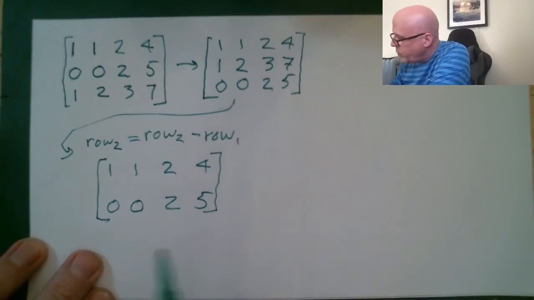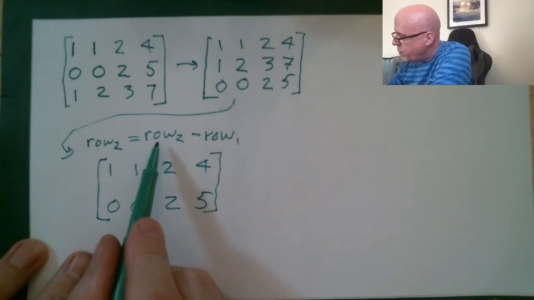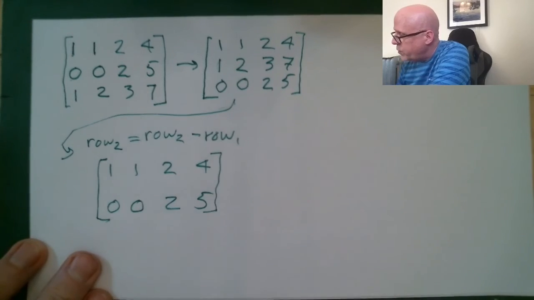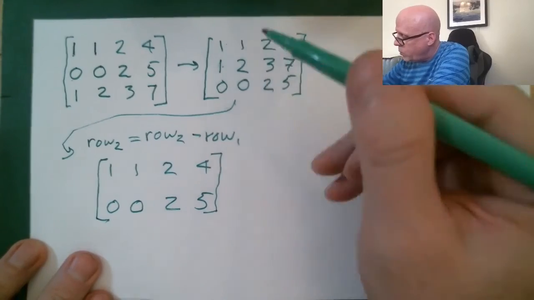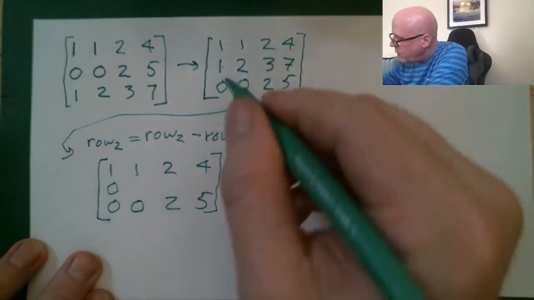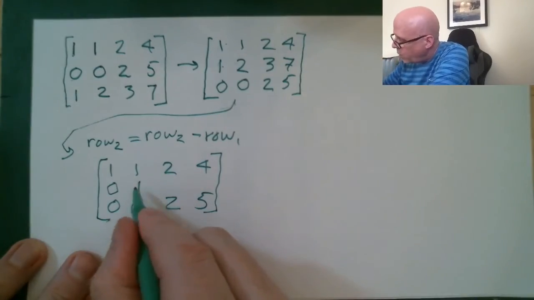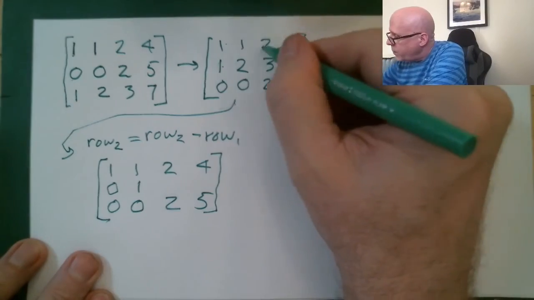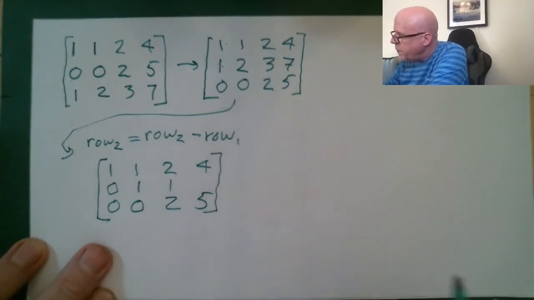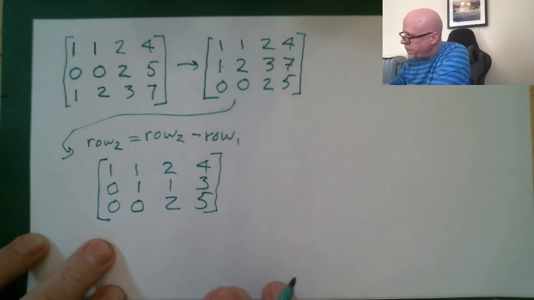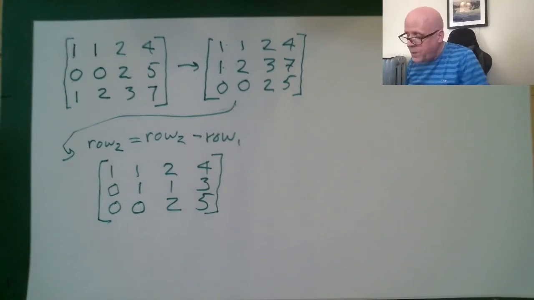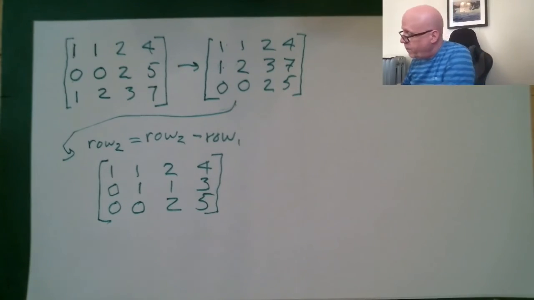The one thing we're doing is changing row 2 so that it's equal to itself minus the entries in row 1. And those are corresponding entries, right? So 1 minus 1, that gets us a 0 here. 2 minus 1, that makes this a 1. 3 minus 2, that's a 1. And 7 minus 4, that's a 3. And now that's a system that can be solved by back substitution.